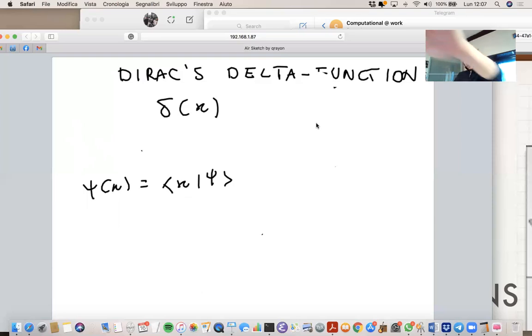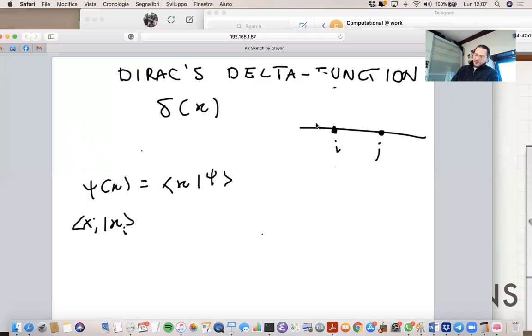Now, you can discretize the continuous set of states on a lattice, making x a discrete variable. But in general, you might be in a situation in which x is not discretized on a lattice, and formally you want a formalism that accounts for the fact that x can be any point you want. We already encountered this problem when I define the orthogonality condition: if x i and x j are 2 different points on a discrete lattice, then clearly this can be represented as a Kronecker delta.